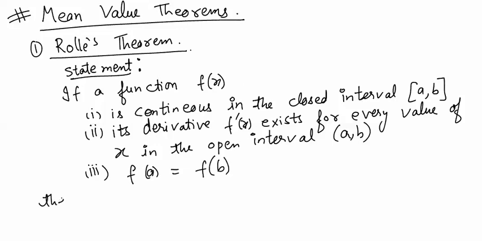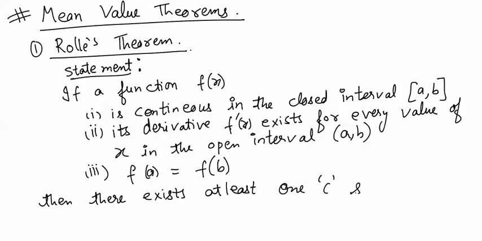Then he says that there exists at least one c such that f dash of c is equal to 0.